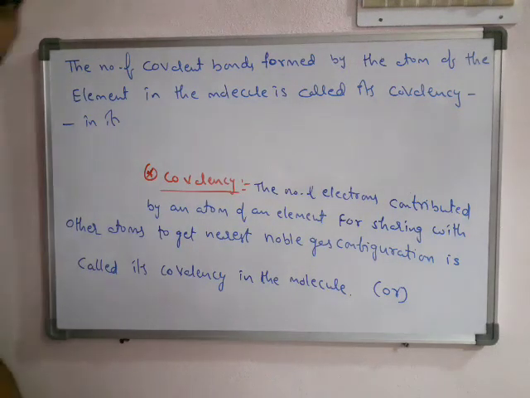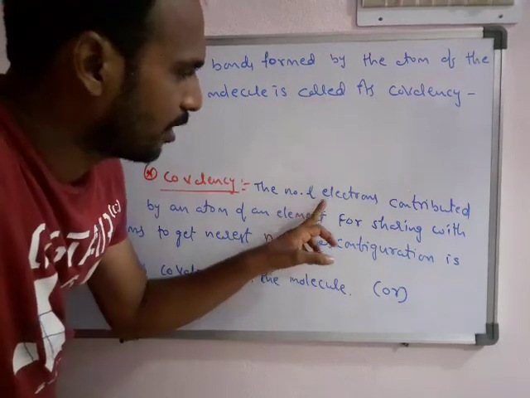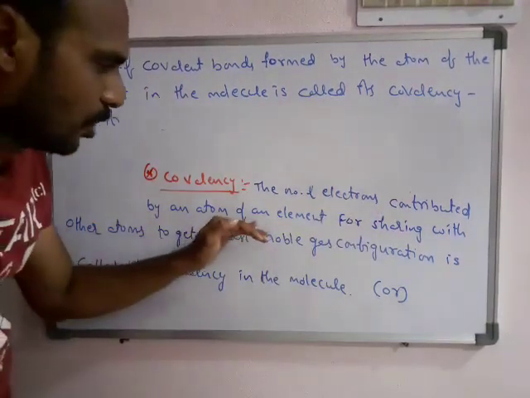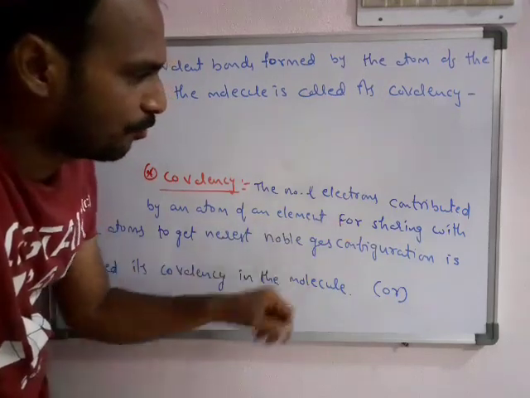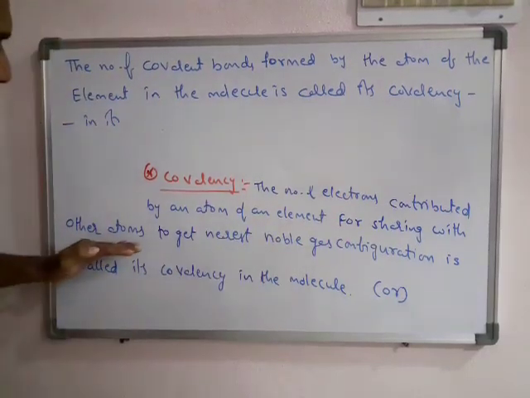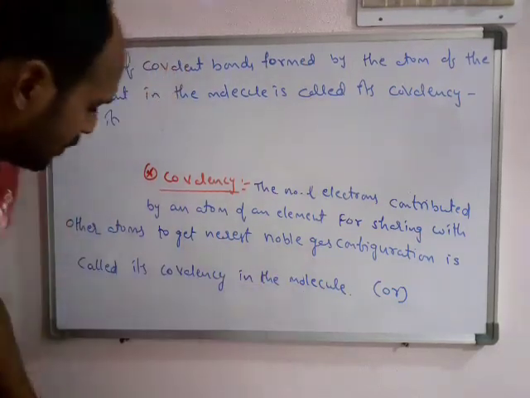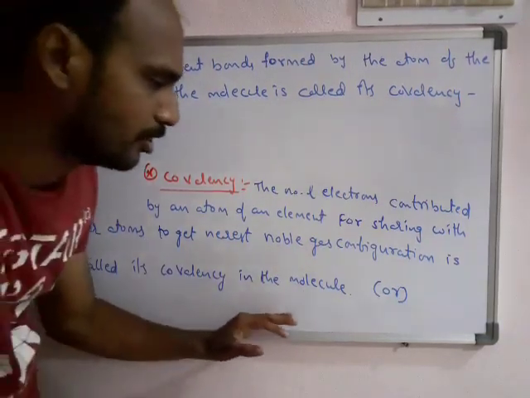Okay, see, covalency means the number of electrons contributed by an atom of an element for sharing with other atoms to get the nearest noble gas configuration is called its covalency in the molecule.